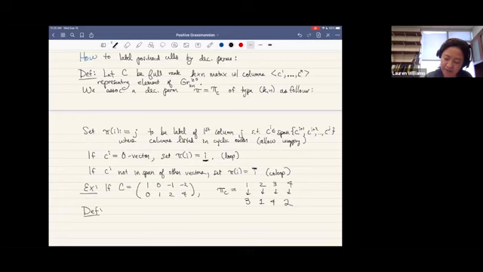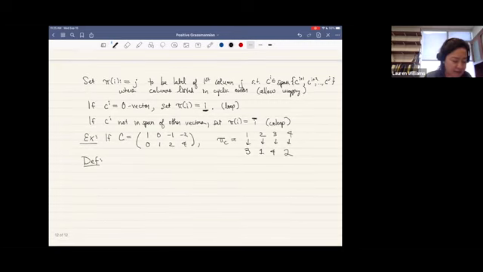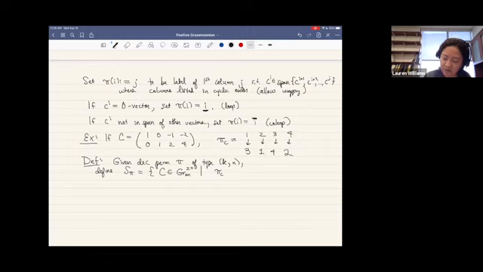Okay, so now I can write down a description of a positroid cell in terms of decorated permutations. So given a decorated permutation pi of type k,n, we define S_pi to be the set of all points in the non-negative Grassmannian whose associated decorated permutation is pi.